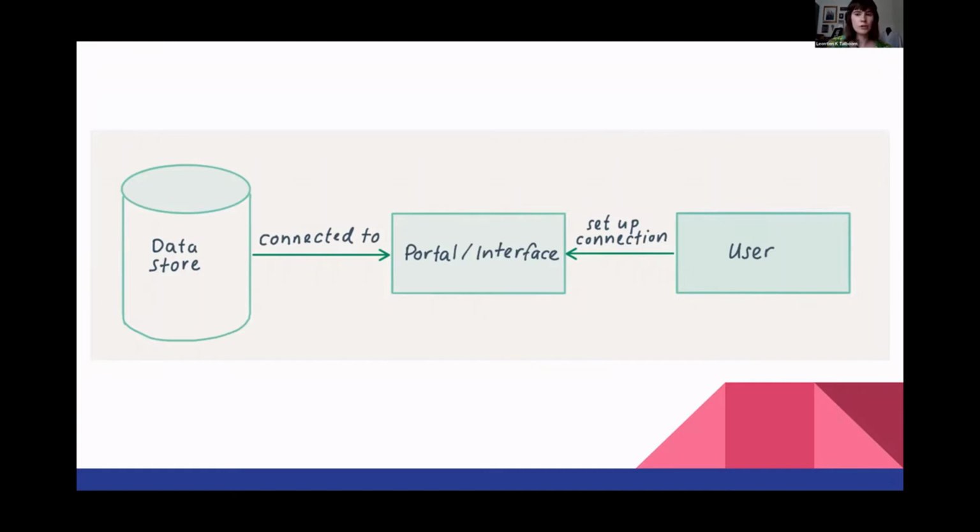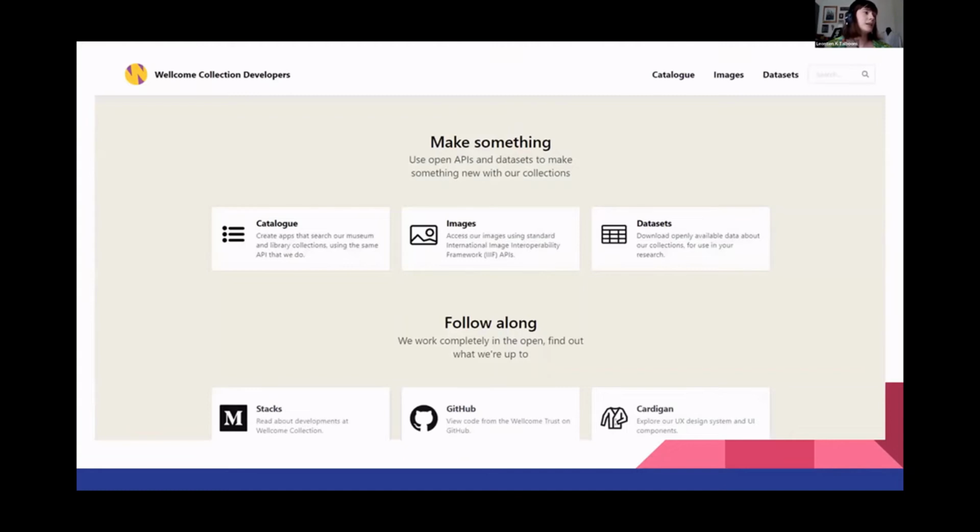Just to give a few examples of this, this is the API that is run by the Wellcome Trust. As you can see, they also have different ways into it. Something interesting to point out is that if you look into a lot of APIs, they're very focused on being available for developers.